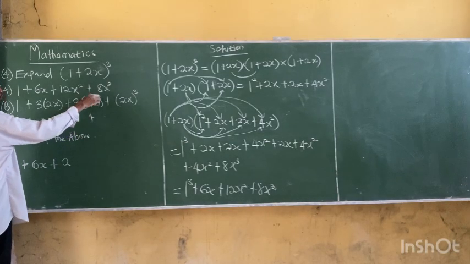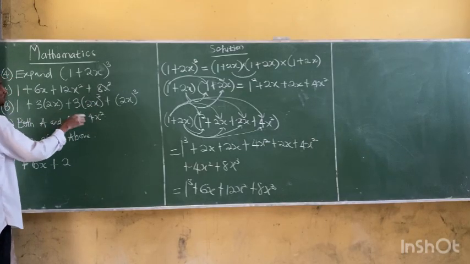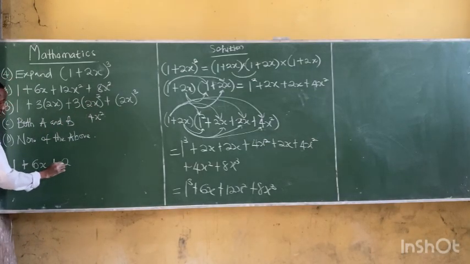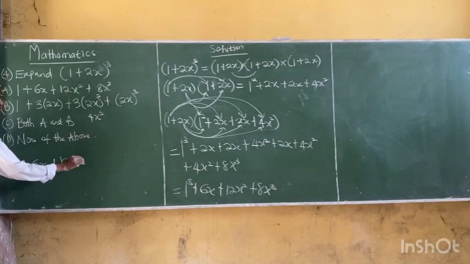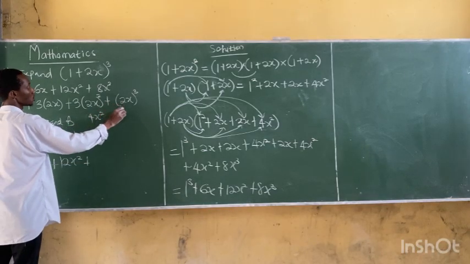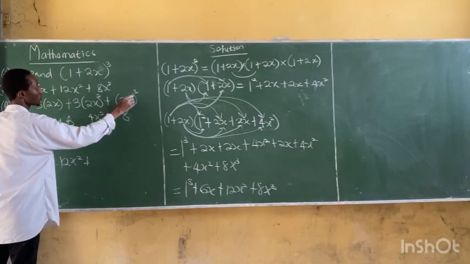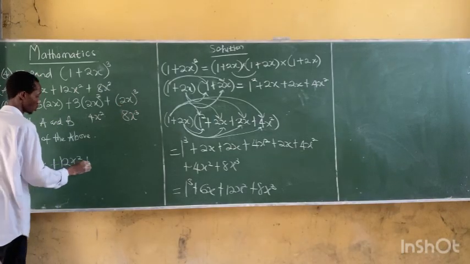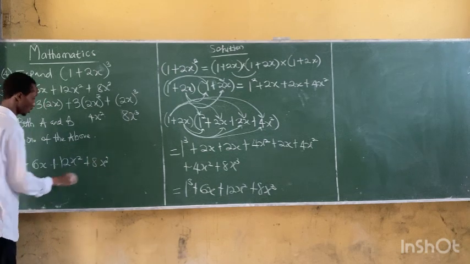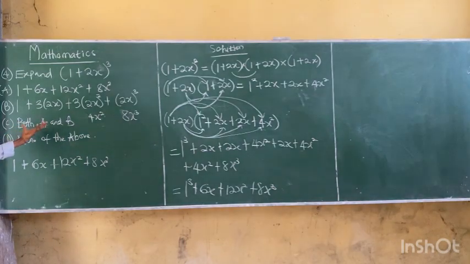This is 2 squared, we have 4. And x squared, we have x squared. If 3 multiplies this, we have what? 12x squared. Plus, here we have 2 raised to the power 3 gives us what? 8. And x raised to the power 3 gives us x to the power 3. So we have plus 8x cubed. So we see that both option A and B is the same thing. The correct option here is option C, both A and B.